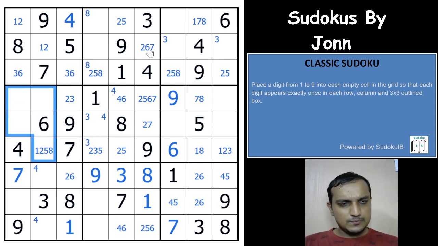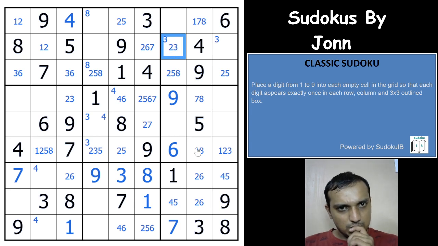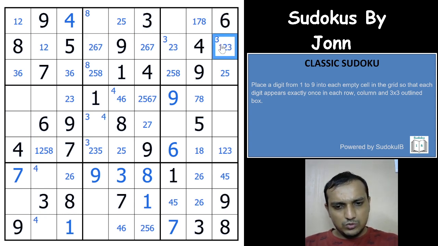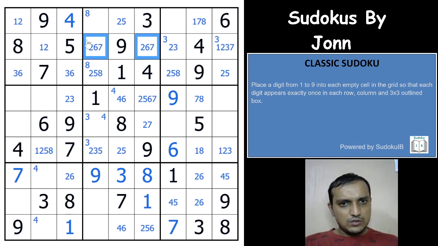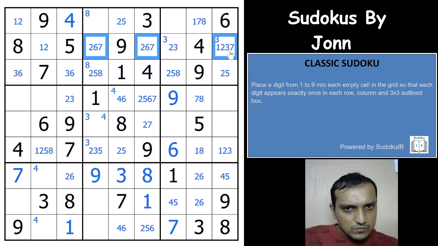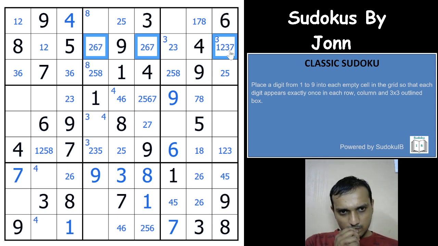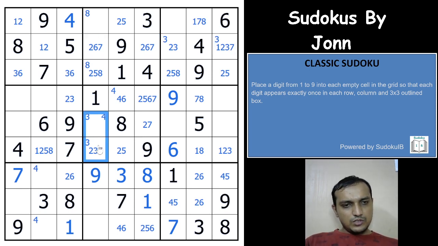Come on, guys. 1, 2, 3, 6, 7. 2 and 3. 1, 2, 3, 6, 7, right? 6, 1, 2, 3 and 7. 3 is in one of these two cells.